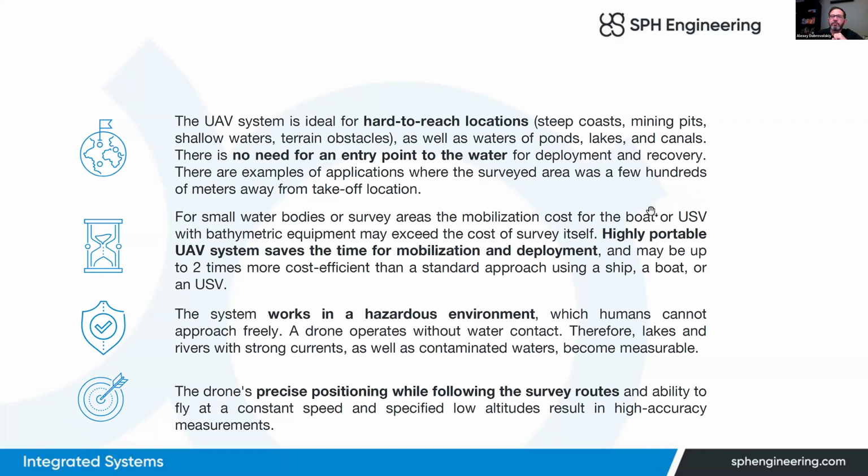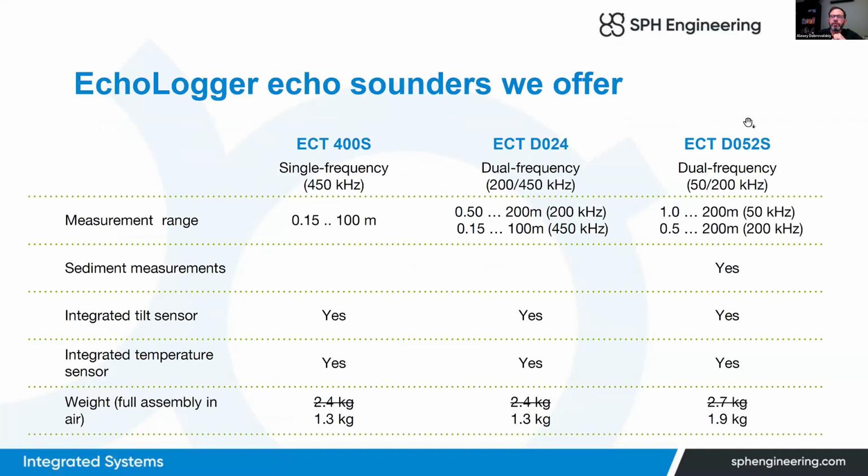So what we have in our portfolio, we propose 3 models. The Echologger company has more echo sounders in their portfolio, but we selected 3 models which we propose as standard configurations: a single frequency device with frequency 150 kilohertz, a dual frequency 200 and 450 kilohertz, and the last one 50 and 200 kilohertz.